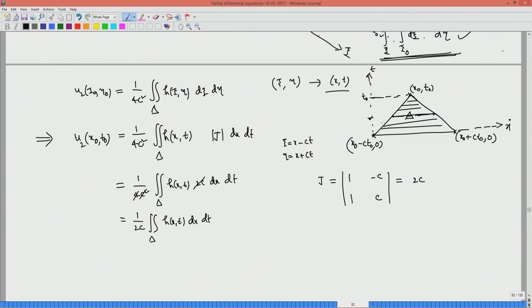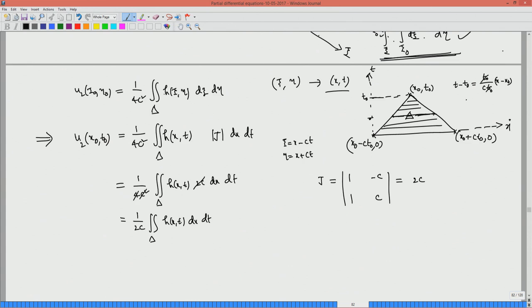So, the equation of this line, you can find: y minus y naught, that is t minus t naught, equal to t naught divided by x naught plus c t naught into x minus x naught. So, the equation of a line passing through x naught, t naught, and you have 2 points given. So, from that you can calculate the slope, okay.